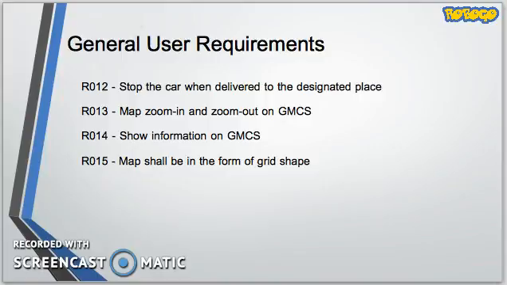Because there is a lot of information feedback from the sensors, from the GMCS we can show all this robot and sensor information for the operators to view. And we will assume the map shall be in the form of a grid shape.